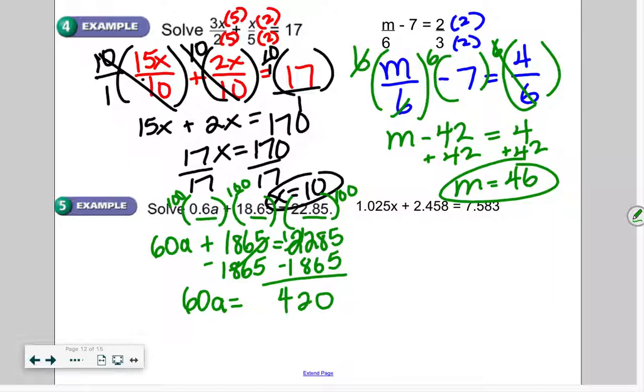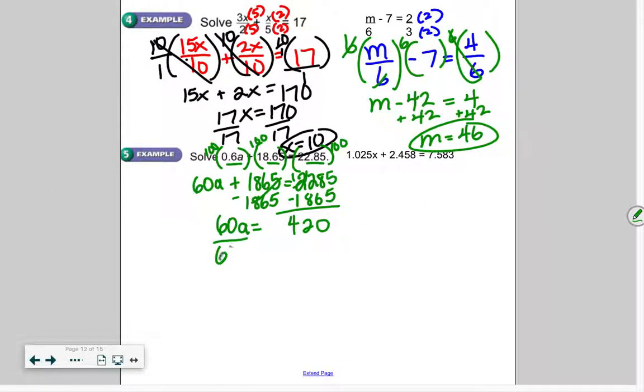Next, divide by 60. How many times does 6 go into 42? 7. So 60 into 420 has to be 7 times. Sorry, I don't need those zeros on there. Just 7.